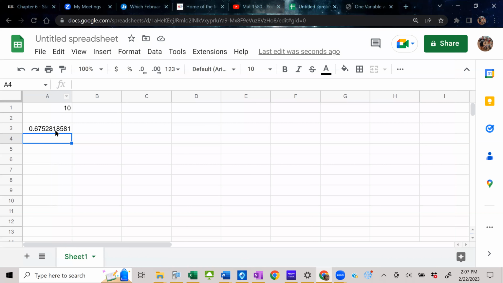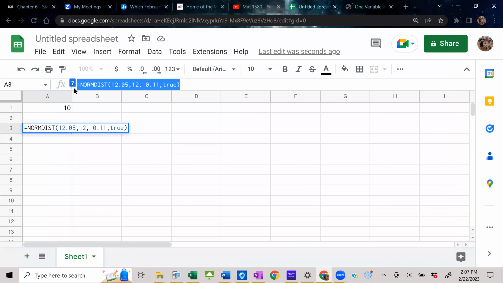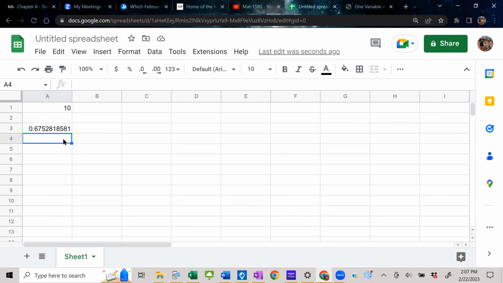So what you could do is copy, and do equals 1 minus all of that. Oops, it didn't like that. All right, let me do it a different way. Equals 1 minus this. There you go. So there's your 0.3247.